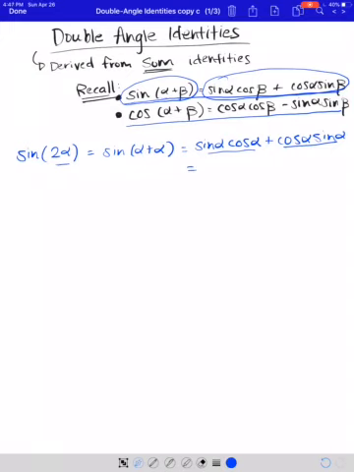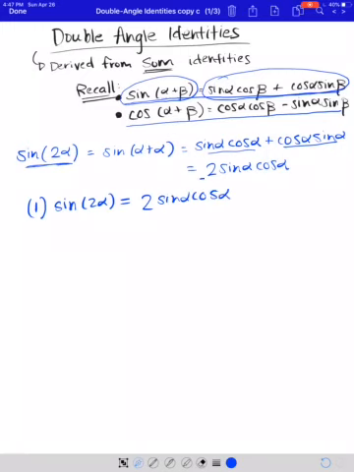We're going to end up with 2 of them, and what we'll have is 2 times sine alpha cosine alpha. And there it is. This is our first double angle identity. It says that sine of 2 alpha, the expression we started with, is equal to 2 times sine alpha cosine alpha, the expression we ended with.